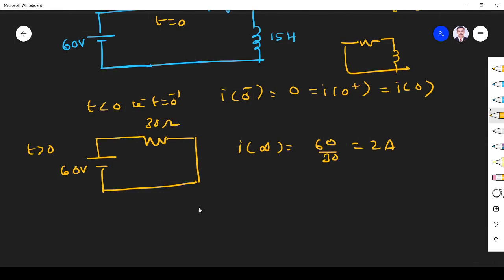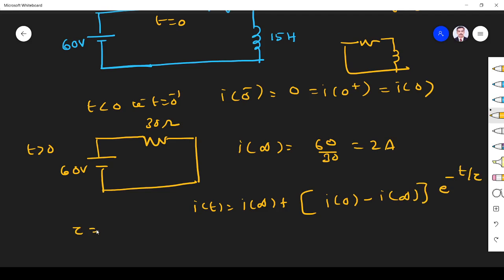So what about I of t? I of t is I infinity plus I0 minus I infinity, e power minus t by tau. Tau is equal to L by R. L is 15 henry. Under steady state, what is the R value?